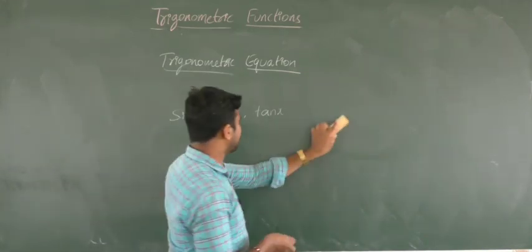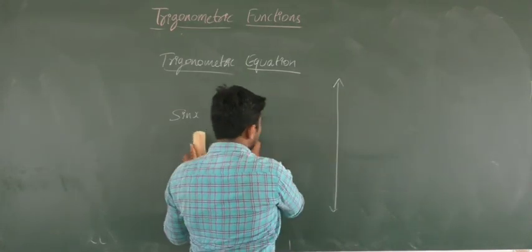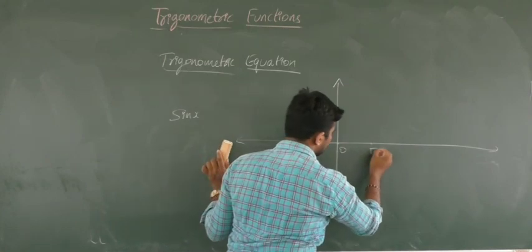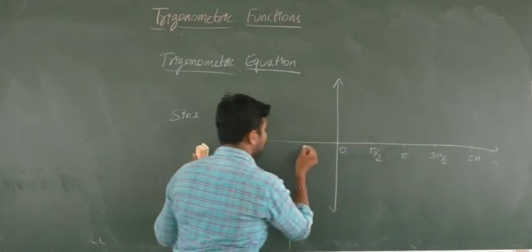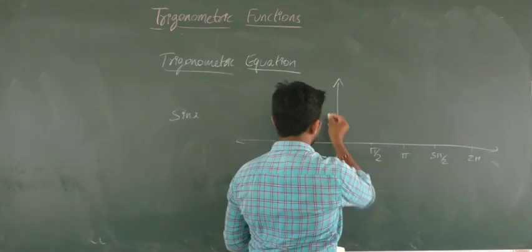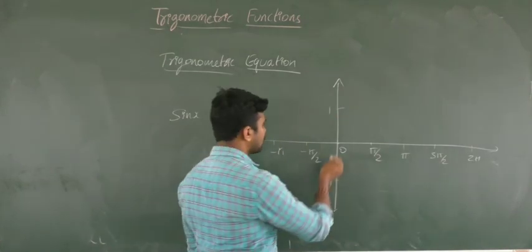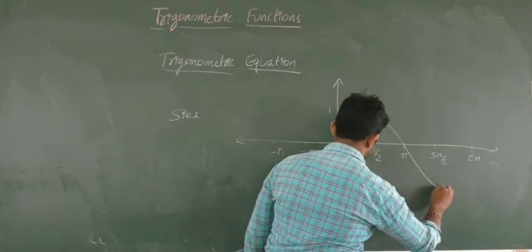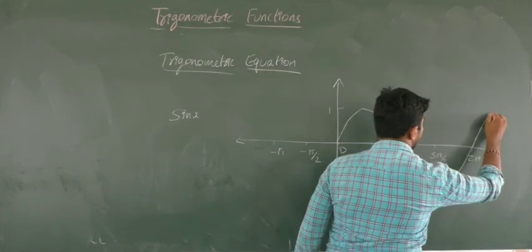We can observe this if you consider the graph of the sine function, how it is defined. See, this is a graph. Minus pi by 2, minus pi. Here, if you consider this as 1 with the same length, this is minus 1. How the graph comes, see. 3 pi by 2 is minus 1, 2 pi is 0, and then again it continues.